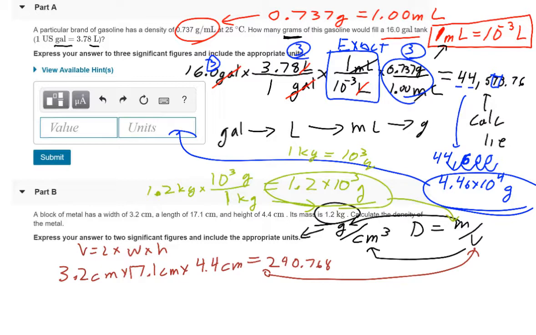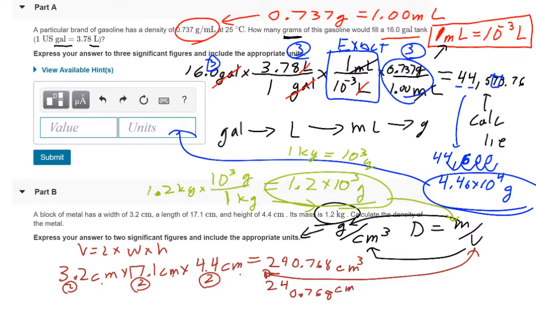Now, that's the number your calculator gives you, but you've got only 2 sig figs. This is where we're going to use that drop-down technique. Remember, to avoid propagation of error, I'm going to write 240, and then below the line, to remind myself that they're insignificant, I'm going to write those numbers. Oh, and our units are cubic centimeters, because centimeters times centimeters times centimeters, cubic centimeter.